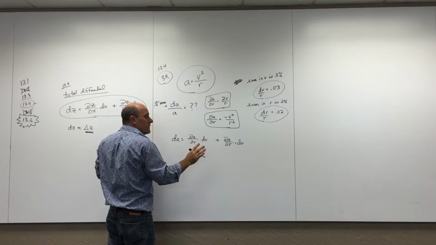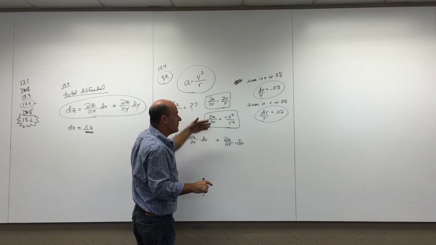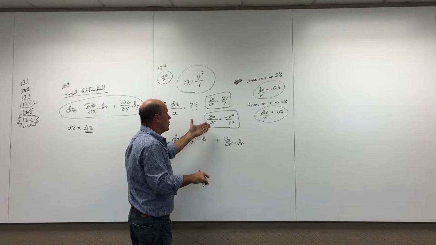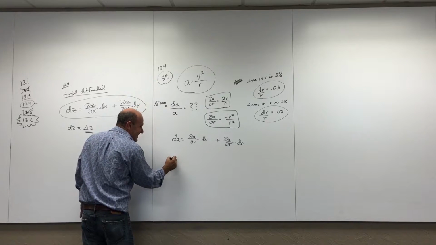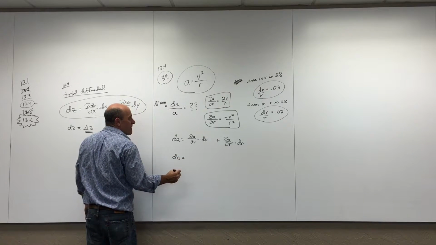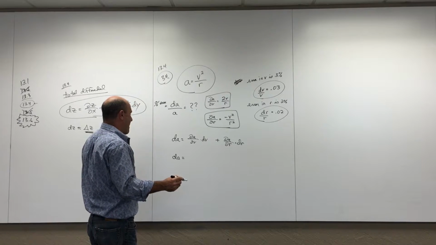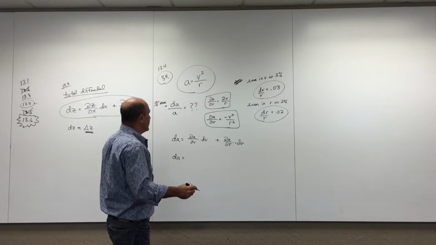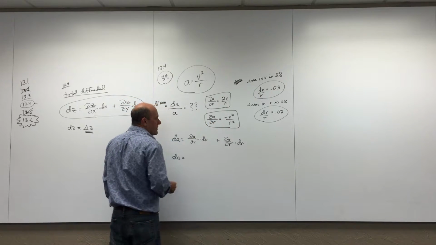Quick question: is that negative v squared, or v squared times negative 1? Yeah, that's v squared times negative 1. The negative is not being squared.